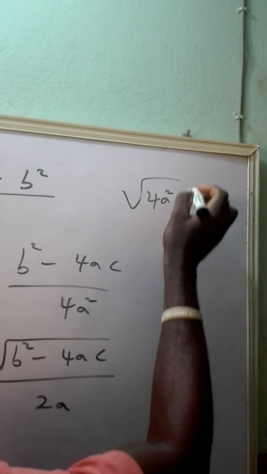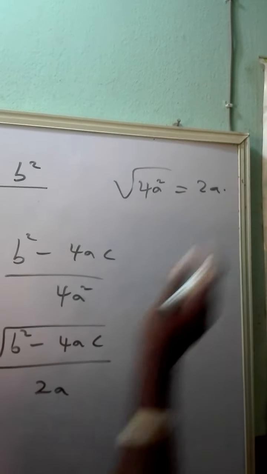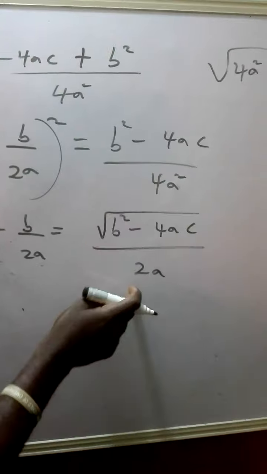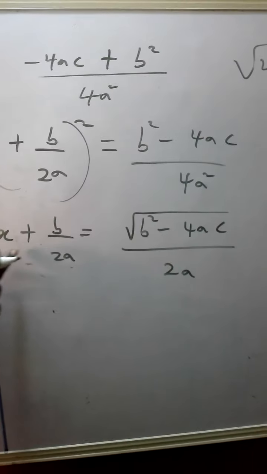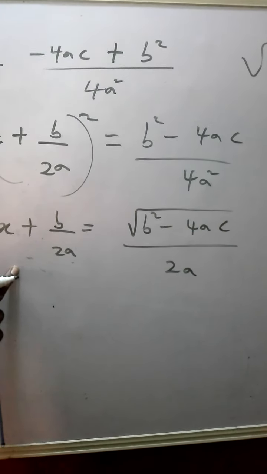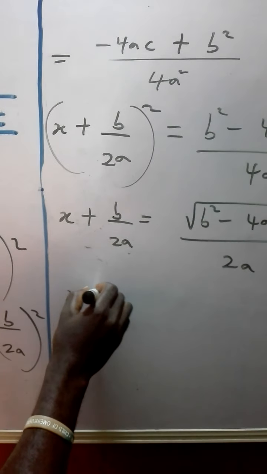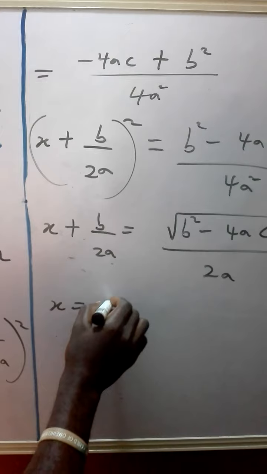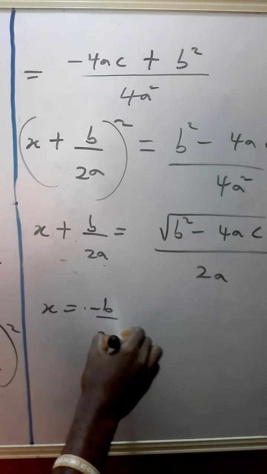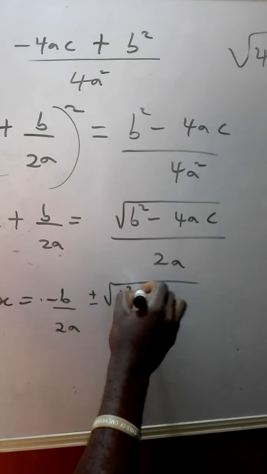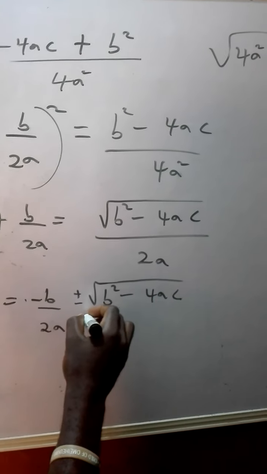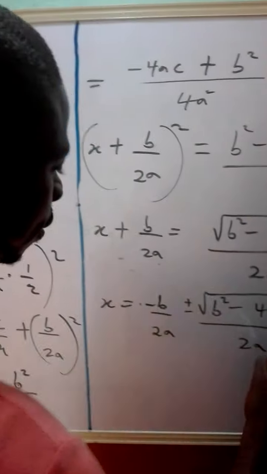That means the square root of 4a squared is 2a. After that, you transfer this to this side because you want to make x the subject of the formula. So now you have x equals minus b over 2a plus or minus the square root of b squared minus 4ac all over 2a.